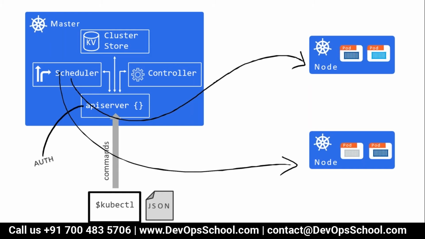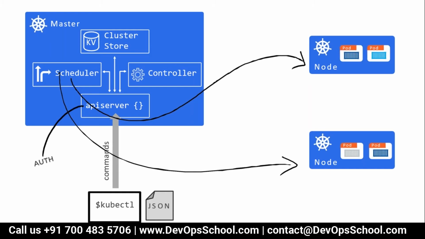YAML is easier to write compared to JSON. So even if you write in YAML format, kubectl will convert it into JSON format and then send it to the API server. Remember that. For the API server, the good format is JSON; for us humans, the good format is YAML.